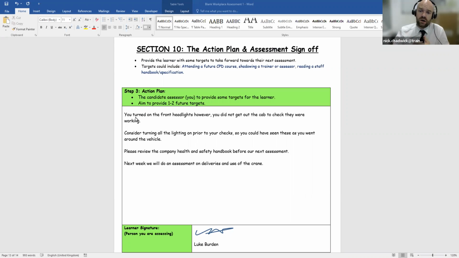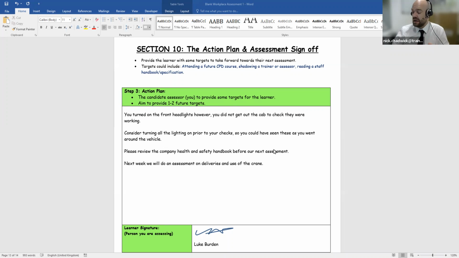Okay, so my target could be, for example, you turned on the front headlights. However, you did not get out of the cab, so this was the vehicle, to check they were working. Consider turning all the lights on prior to your checks, so you could have seen these as you went around the vehicle. Please review the company health and safety handbook before our next assessment.